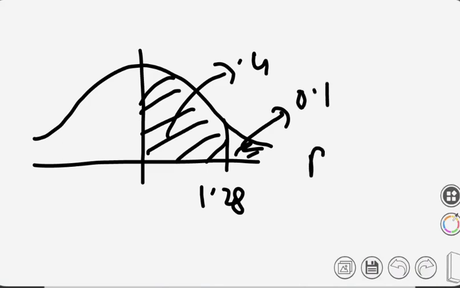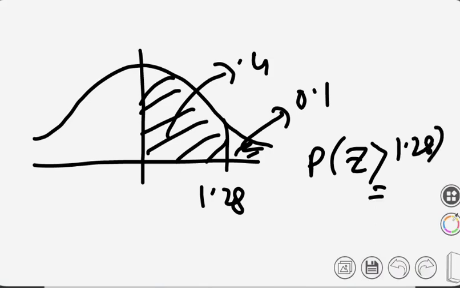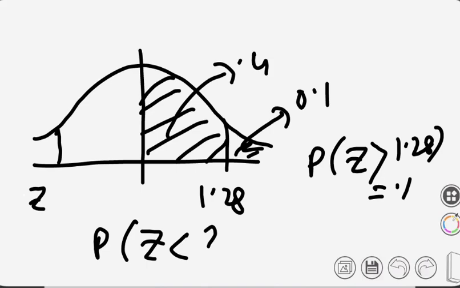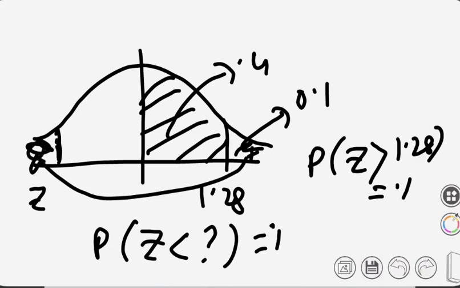So probability z greater than 1.28 is equal to 0.1. But our objective was to find probability z less than some value equal to 0.1. So this area is the same. Then this will be minus 1.28. So the value of z is minus 1.28.